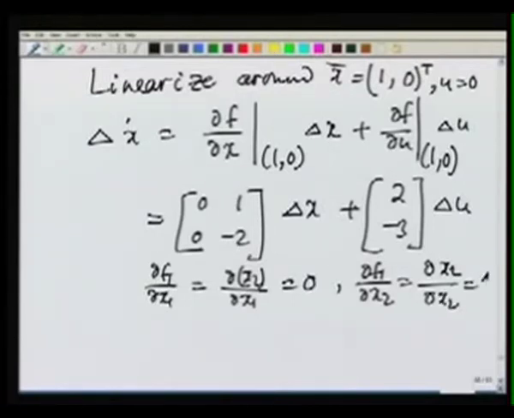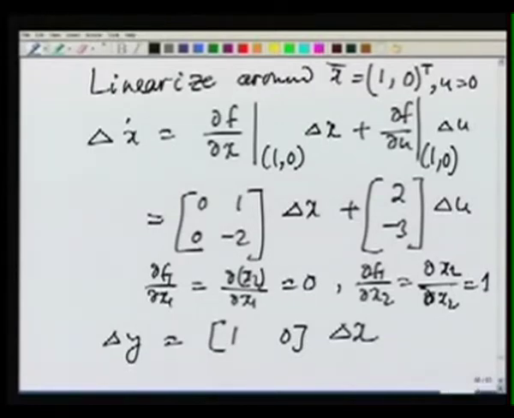So this is 1, since you are differentiating x 2 with respect to x 2. Like that, please verify this particular solution that we got, and finally delta y is obviously 1 0 delta x. So this is the answer.